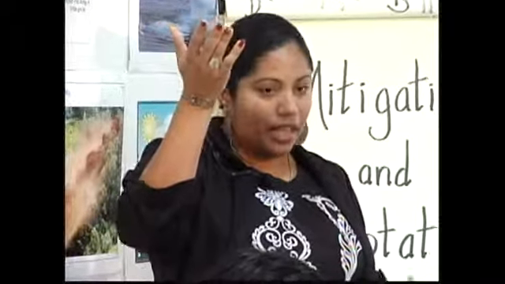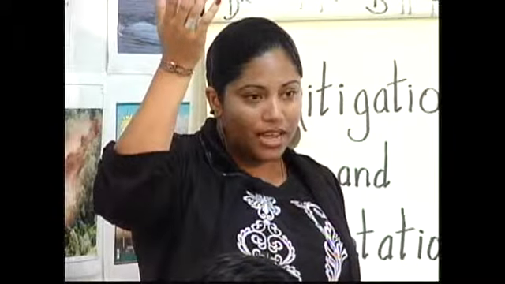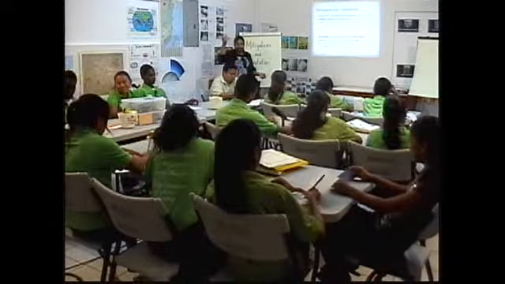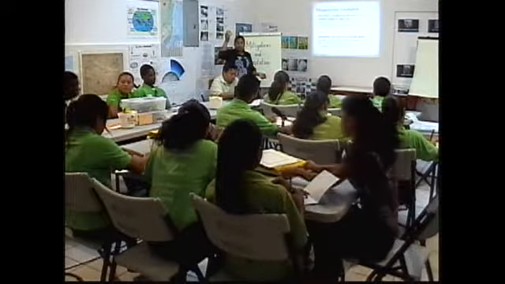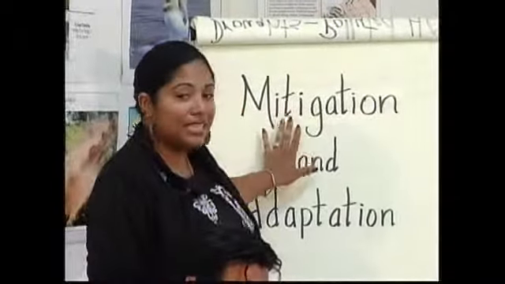If there is more carbon going up into the atmosphere and we don't have enough carbon sinks, enough carbon storage to store it, what happens to the atmosphere with all the carbon in there? There's an imbalance and there is a rise in temperature. And that rise in temperature is called global warming, right?